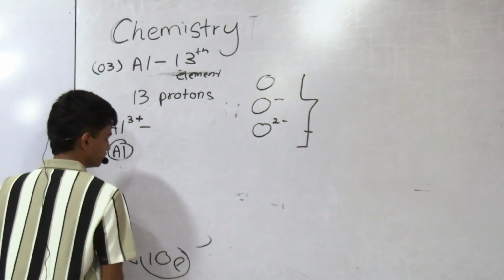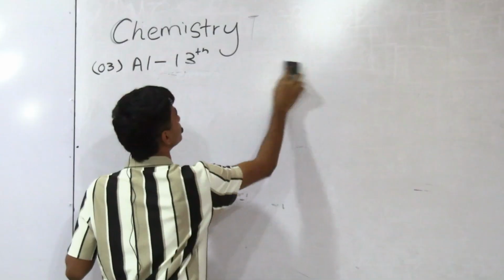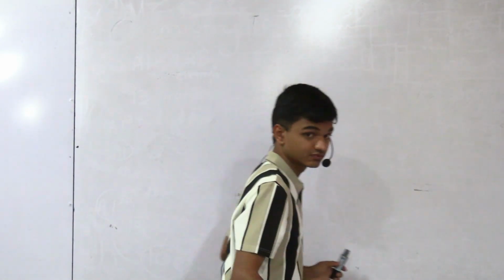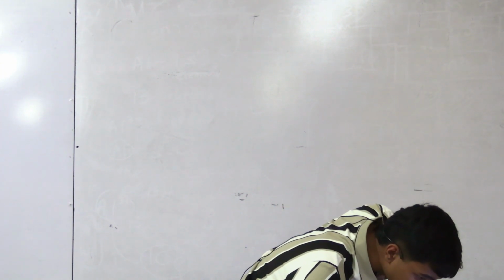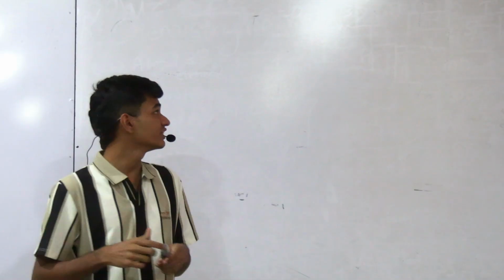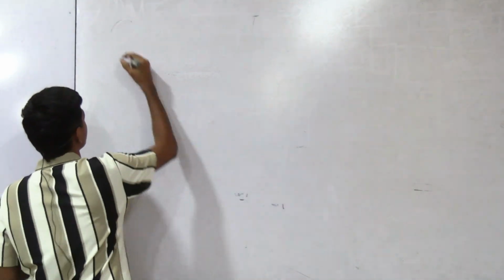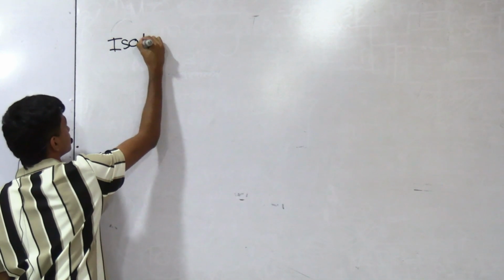Okay, question number 4. What is the standard notation of tritium? Tritium. So, what is tritium? Your textbook has this. I mean, if you guys read it, you must already know about it. I hope you guys read about it. So, tritium is an isotope. What is an isotope?